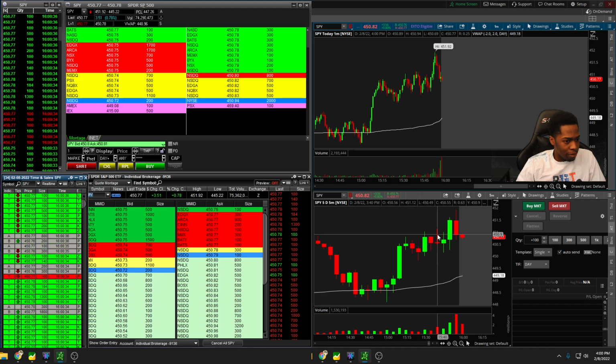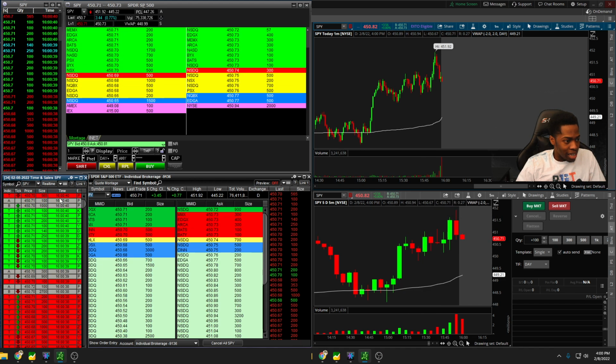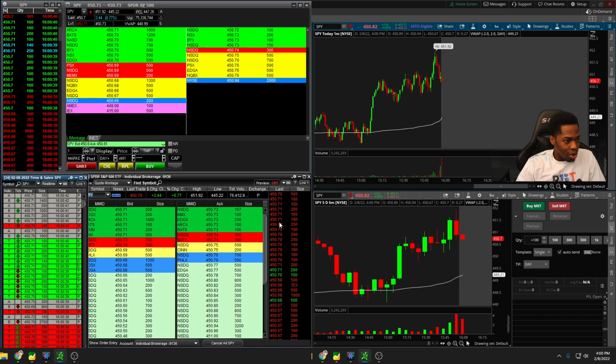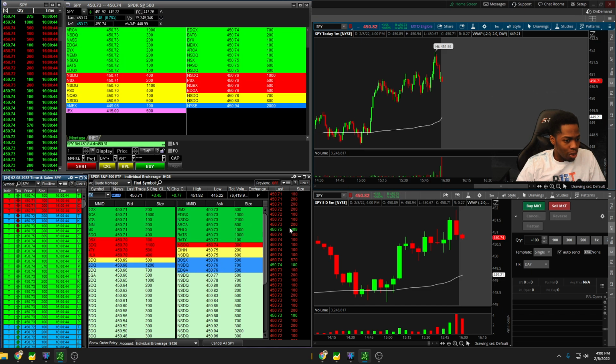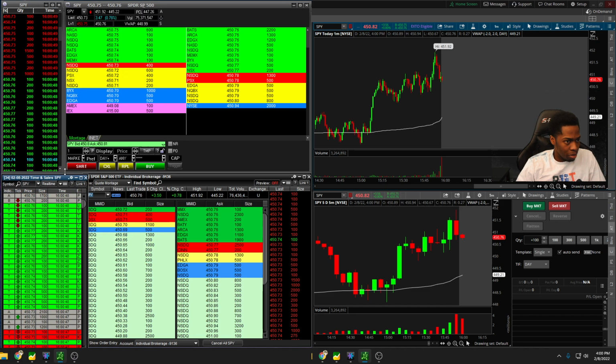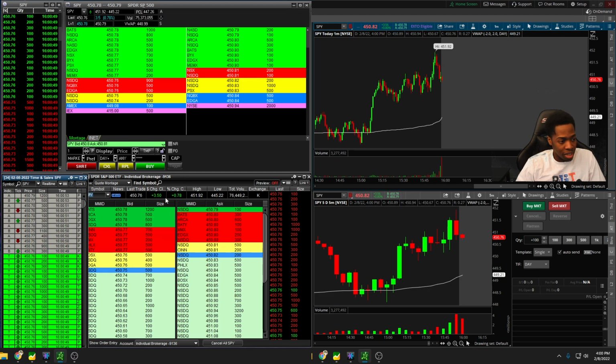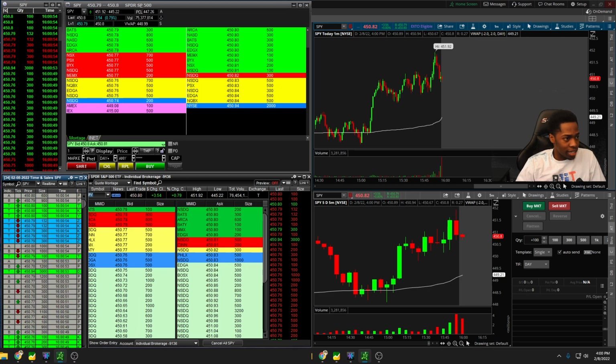And by the way, E-Trade, you'll see that the time and sales here on the right hand side, almost all the orders will start to show in red for whatever weird reason. That's just how it works in after hours or pre-market, extended hours, I guess.